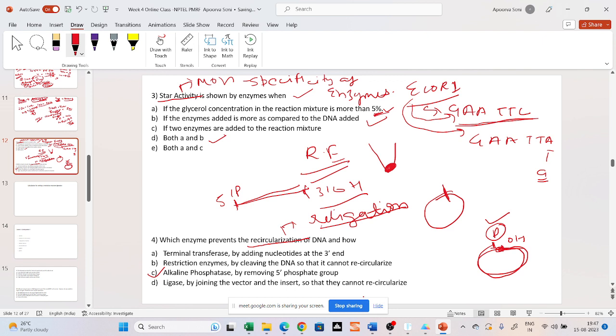Phosphatase means an enzyme that removes phosphate; from the name itself it is clear. So it removes the 5 prime phosphate group so that the vector is not able to religate itself. So that is the recircularization of DNA. Is it clear?